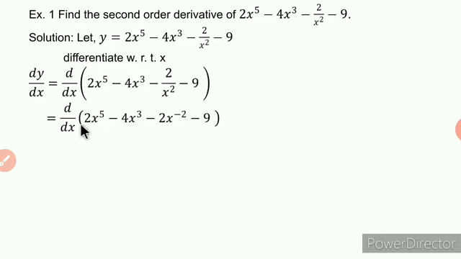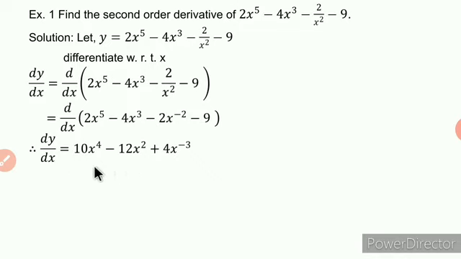So we get 10x raised to 4 minus 12x square, and minus 2 into minus 2 is plus 4, so plus 4x raised to minus 3. 1 is subtracted from this index, so here we get minus 3. Now this is the first order derivative of the given function, that is y.